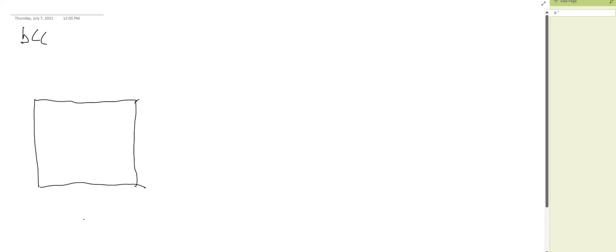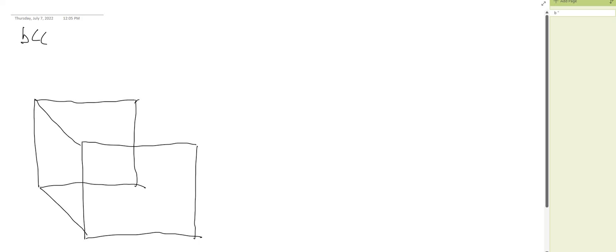Hopefully this is making sense to you because it's going to ramp up in difficulty. Now we're going to talk about body-centered cubic. In a body-centered cubic, we're going to have our cubic cell, but instead of the atoms being on the faces, we're going to have a whole atom in the center of the cube.